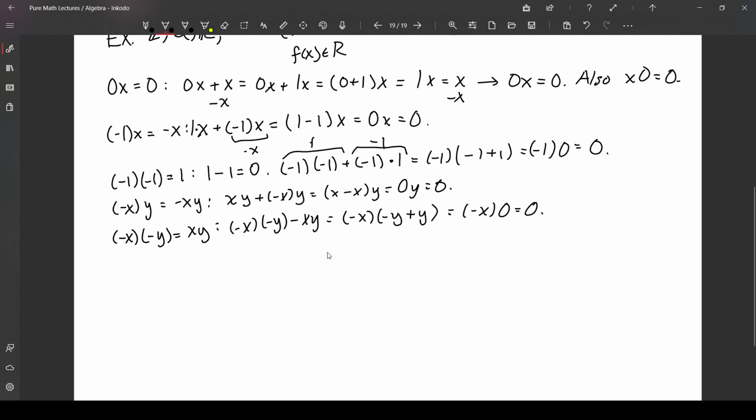There's also something a little more complicated, so let's look at the distributive law again. x times (y plus z) is xy plus xz.